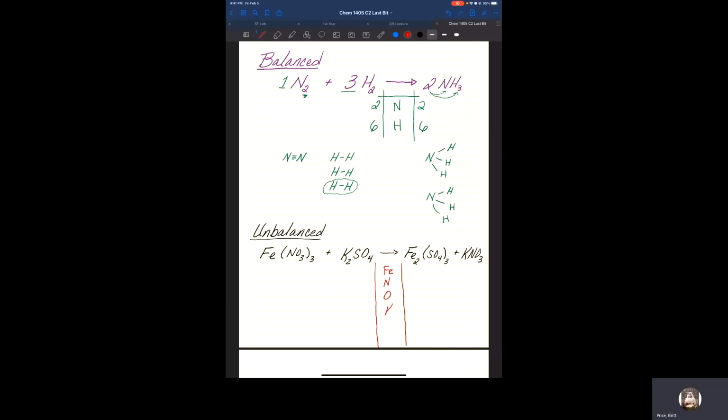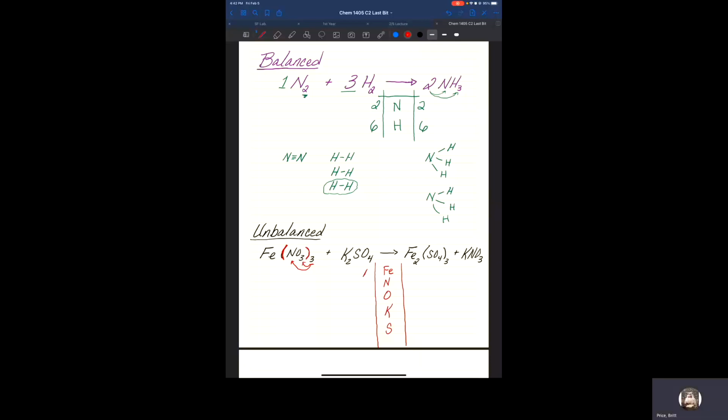Fe, N, O, K, and S. And now I get to count. Well, the subscript 3 involves just what's inside the parentheses. That means that there's only 1 iron.